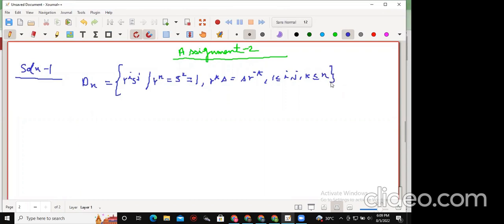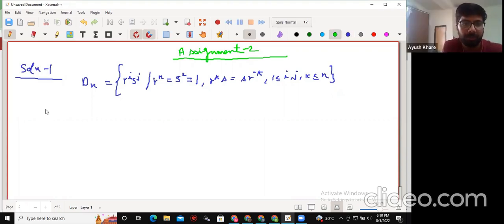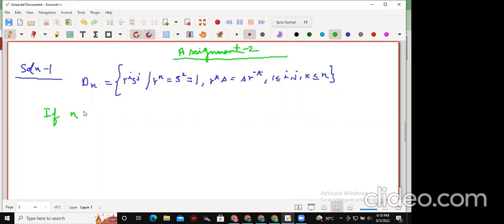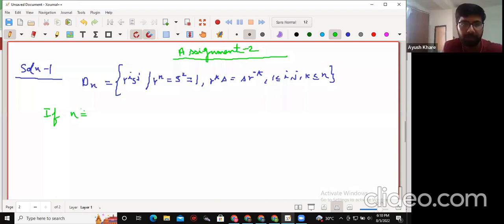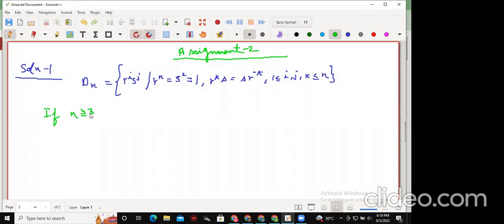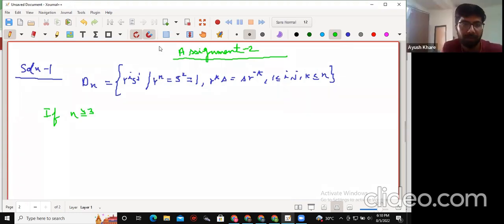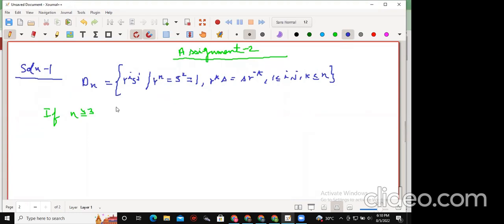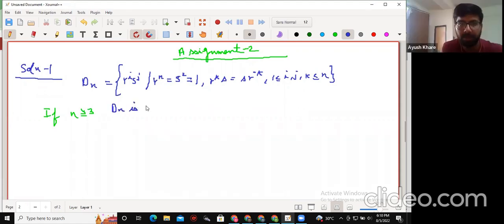So you can clearly see that if n is not equal to 2, I should say n is greater than or equal to 3, then what happens? Then your Dn is not abelian.